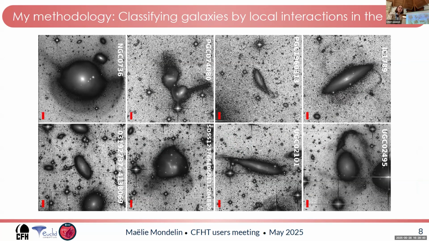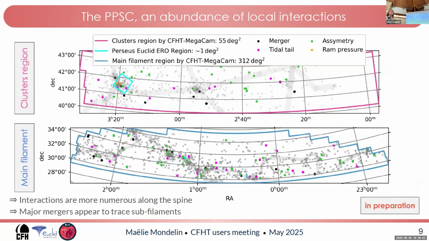So I have mapped them in the cosmic web, and you can see these results here in this map. And what we see is that we have everywhere a large number of interactions. And we see these minor mergers, which appear close to the spine of the skeleton, which is an expected result due to the preferential position in the cosmic web.